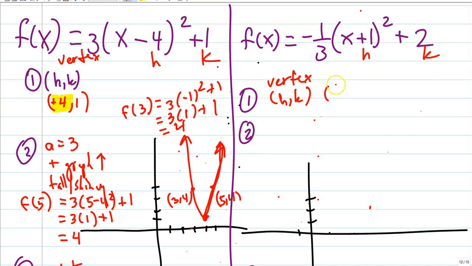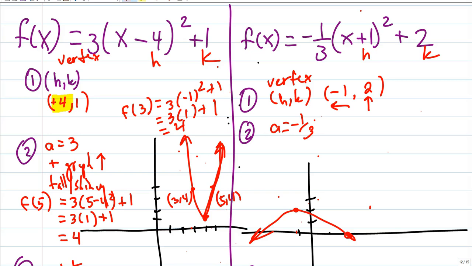So this will shift, not positive 1, negative 1 on the X, and 2 on the Y. So negative 1 and 2. It will shift 1 to the left and 2 up. From there, I know the graph opens downward. How do I know? Well, the A is negative 1/3. I know the graph is going to be opening down and wide.